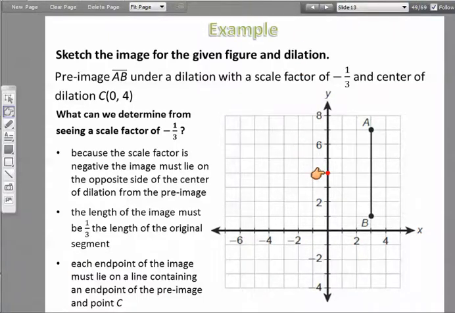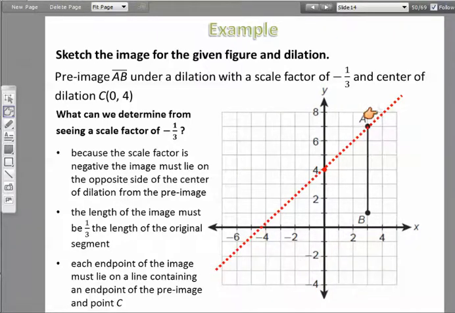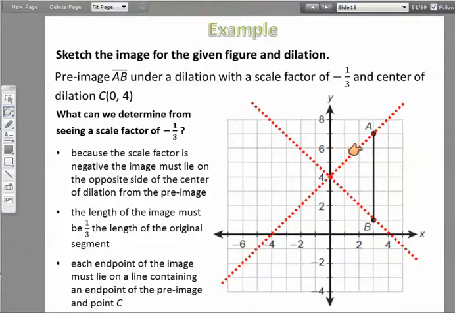So here's our center of dilation. Okay, I'm going to put a line through point A and the center of dilation. Now I'm going to put a line going through point B and the center of dilation.